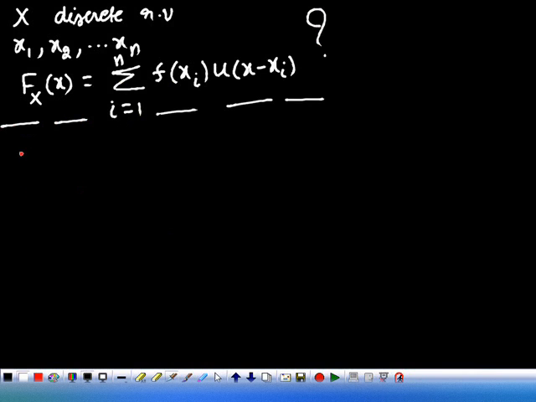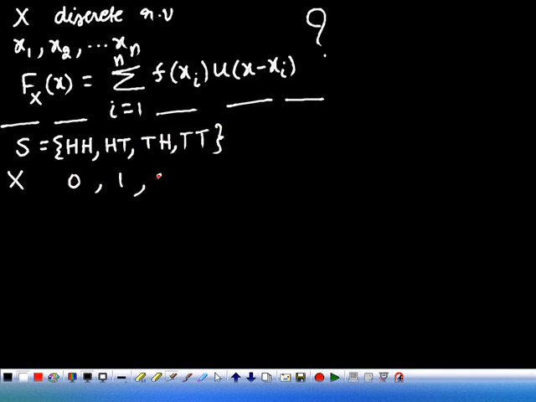We check whether this is correct or not. So, for that purpose, we consider this sample space. Let the coin tossing experiment be the simple example, and let us assume x is taking the values 0, 1 and 2. That is, x is the number of heads.